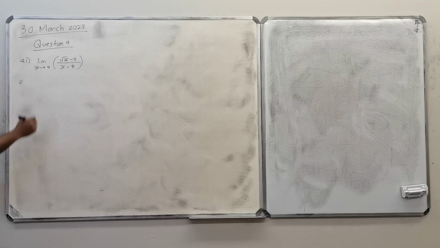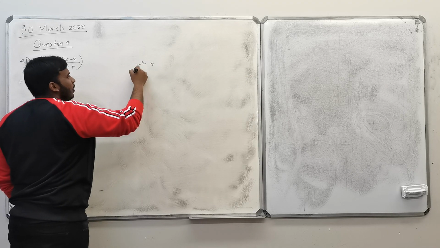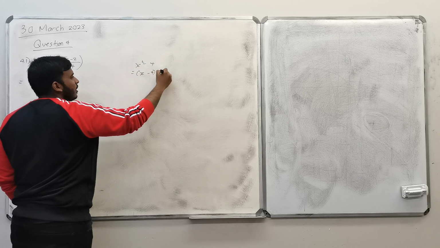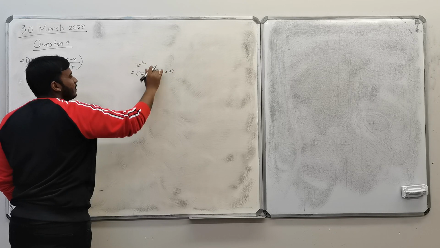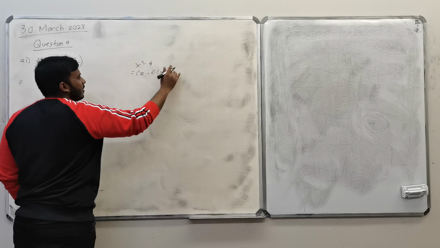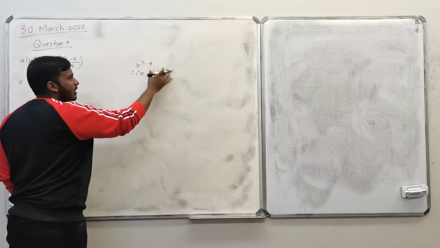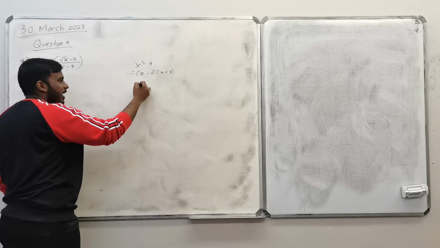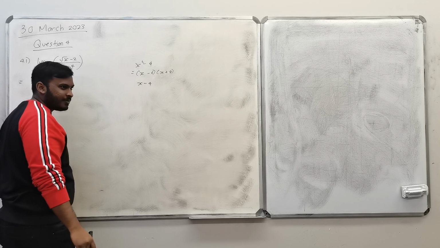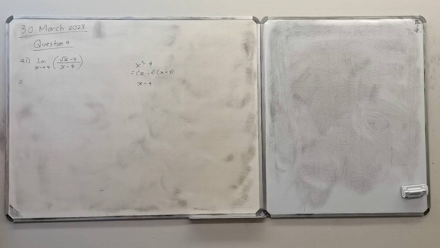Remember the difference of two squares. If it was x squared minus 4, it would be x minus 2 and x plus 2, because minus 2x plus 2x will cancel and you're left with x squared minus 4.